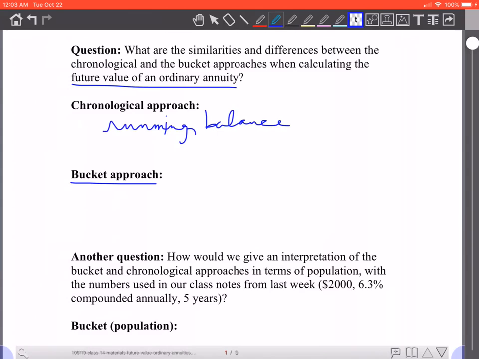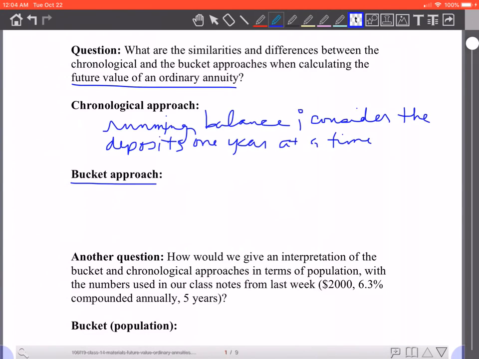That was a running balance, and so you consider the deposits one year at a time. Whereas in the bucket approach, we also filled out a table for that, and it was also part of your homework for the weekend.